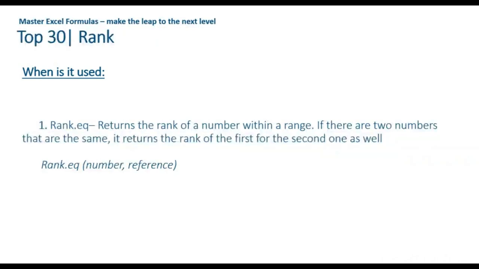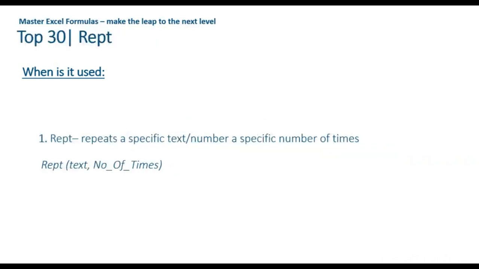Okay, now let's go to the next formula, which is the REPT formula. What the REPT formula does is repeat a text or a number a specific number of times. So the structure of the formula is you have the text or the number, and then we repeat it a specific number of times, as I said.